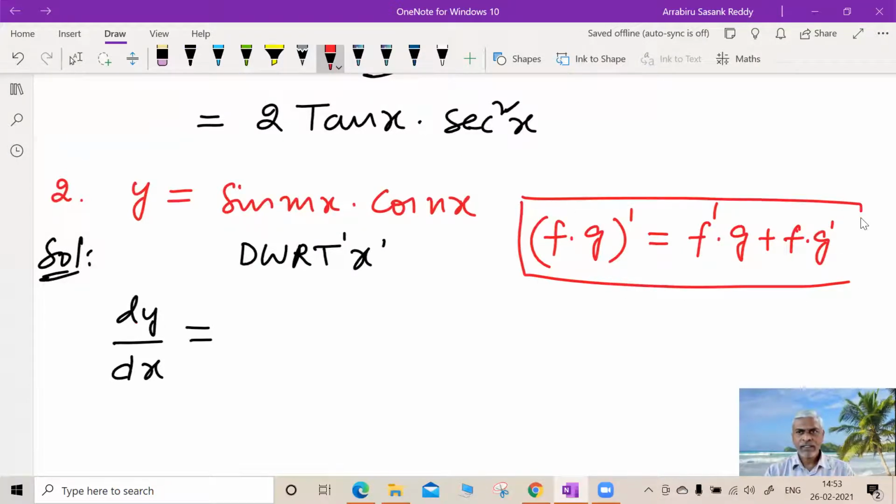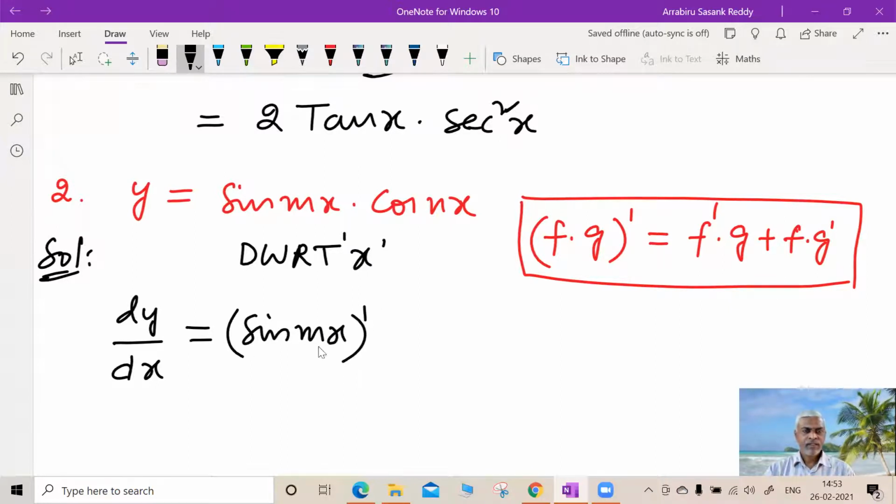So using this, differentiation of first function, I am using differentiation as dash. So this dash indicates dy by dx, and g, the second function, as it is.